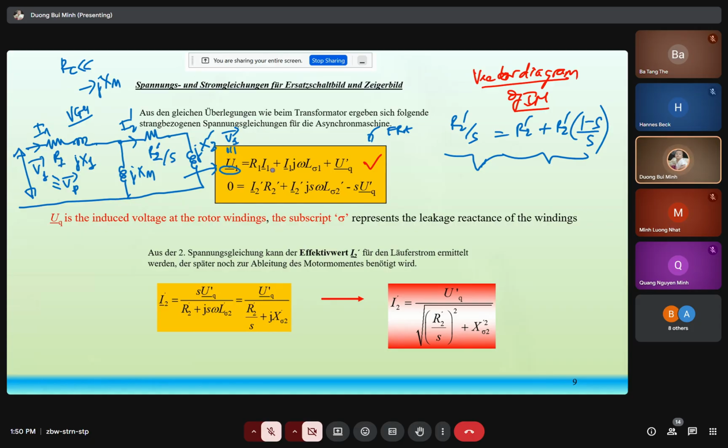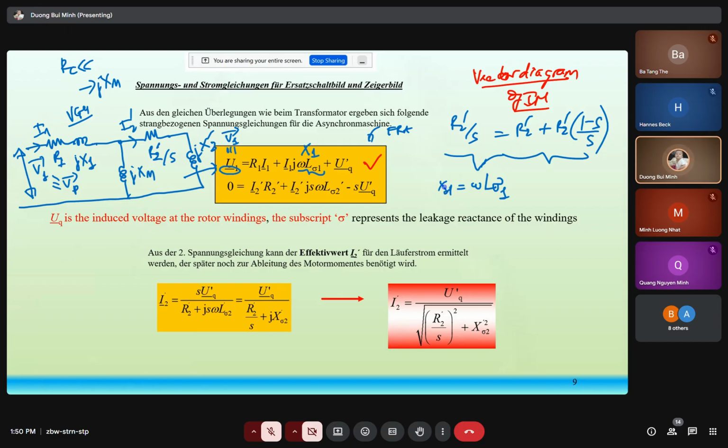We have I1, and jX1, where X1 is omega L sigma 1. This is the leakage inductance. So from X1, or we say X sigma 1.